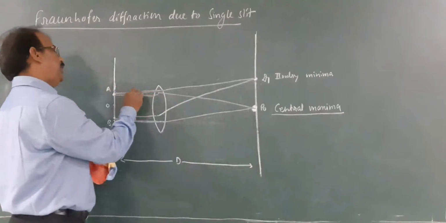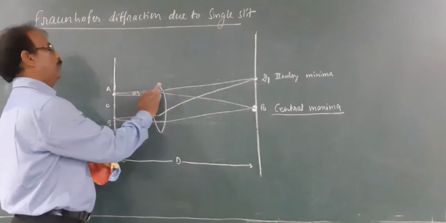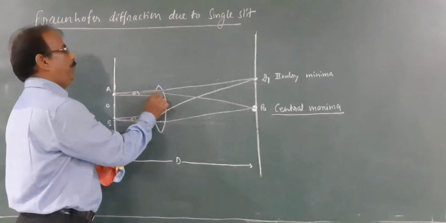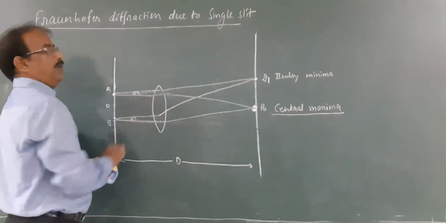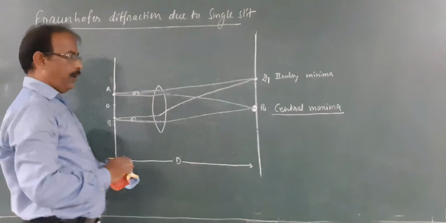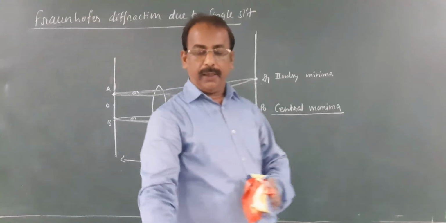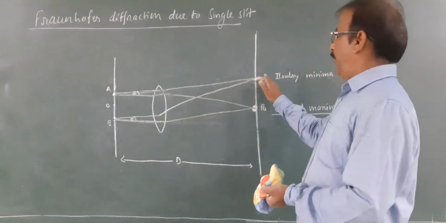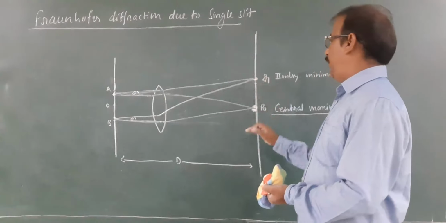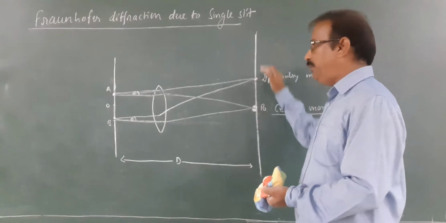This is an angle theta. The waves that come from these 2 points are showing angle theta with the horizontal direction. The waves are reaching at point T1, the first minimum point.